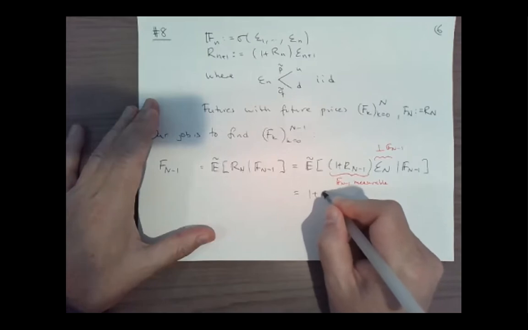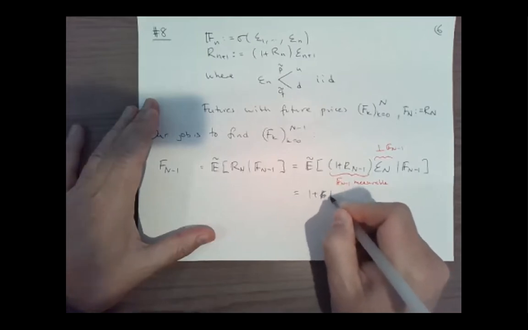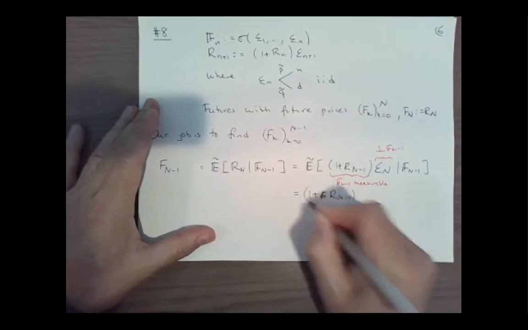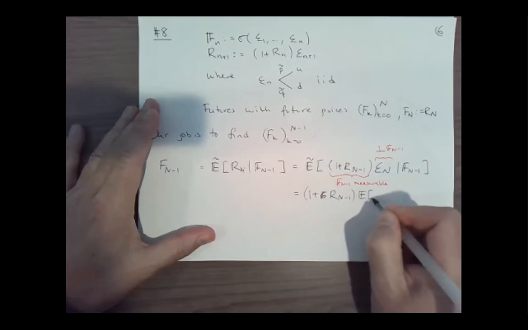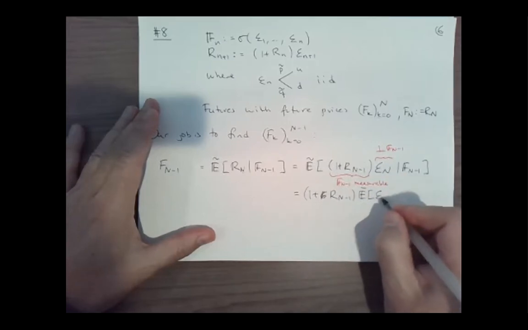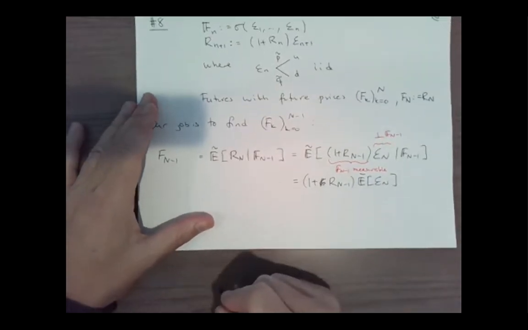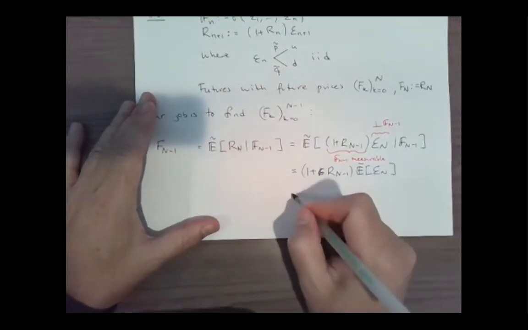So this is 1 plus R_{n-1}, and then the expectation of epsilon_n.